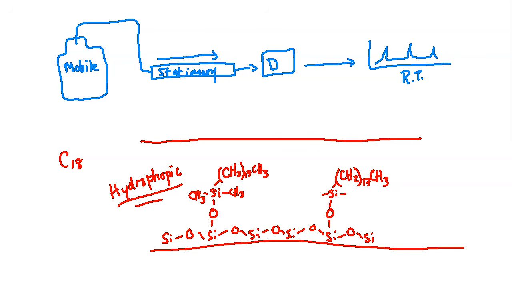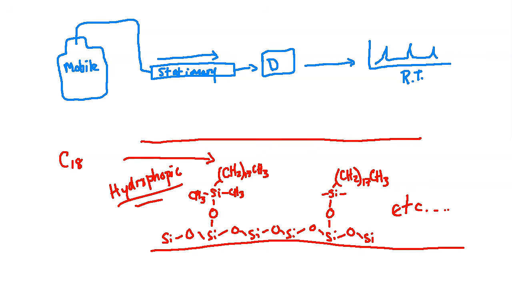This one in particular is going to have better adherence to other nonpolar compounds. All right, and it would sort of go on where throughout the column you would have this type of binding site. And as the materials come through, they interact through intermolecular forces with these other compounds here, right? These long chains that are hydrophobic, and that sort of adheres your organic materials to the column, and the mobile phase will sort of push them along.